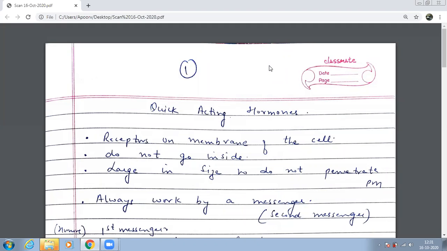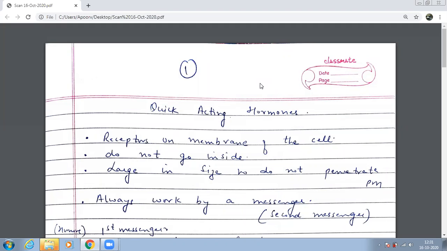If it's a quick acting hormone, that means it does not have to penetrate. There's one more quality I told you which slow acting hormones have, because of which they are able to penetrate the plasma membrane. First, they are small in size, and second, they are soluble in lipid, fat. That is the reason they could easily enter.